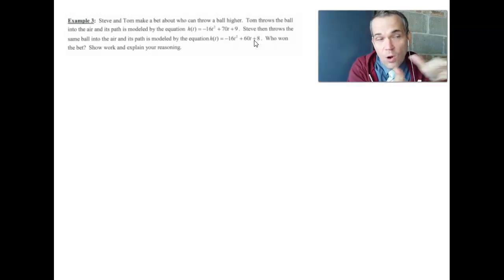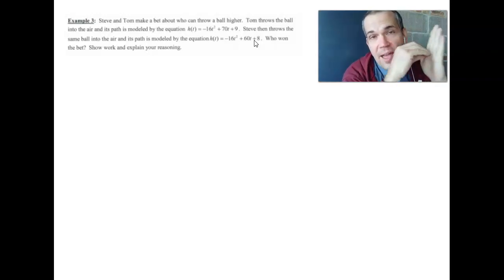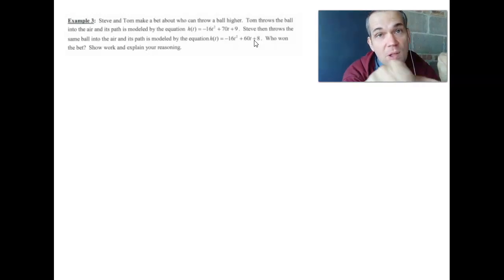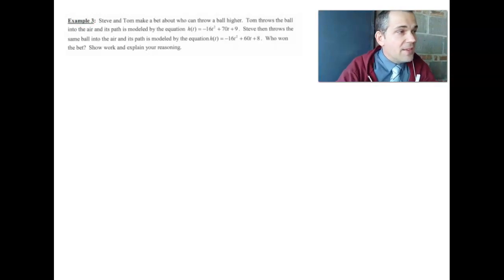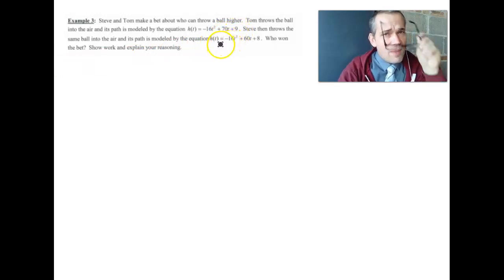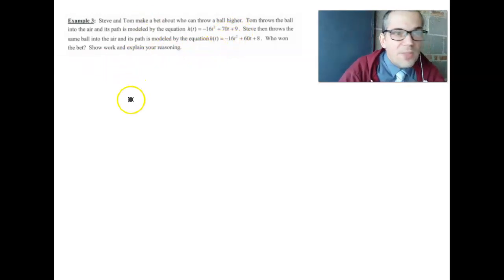In standard form, we're going to use the opposite of b divided by 2a to find the x-coordinate, or in this case, t-coordinate of the vertex, and then we'll plug it in to find the actual height itself. So let's do the math and see if my suspicion is correct, that Tommy throwing the ball harder and starting higher makes him win the bet. I want the math to back it up.